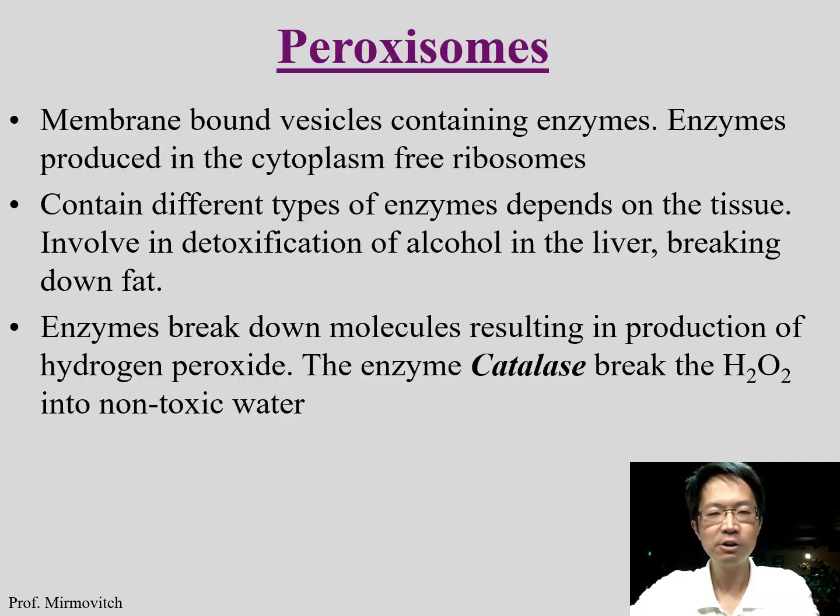So we have lysosome, now we have peroxisome. Peroxisome is very similar to lysosome because they also contain enzymes, and the enzymes are produced in the free ribosomes. The peroxisome also helps to detox alcohol in the liver and break down fat.